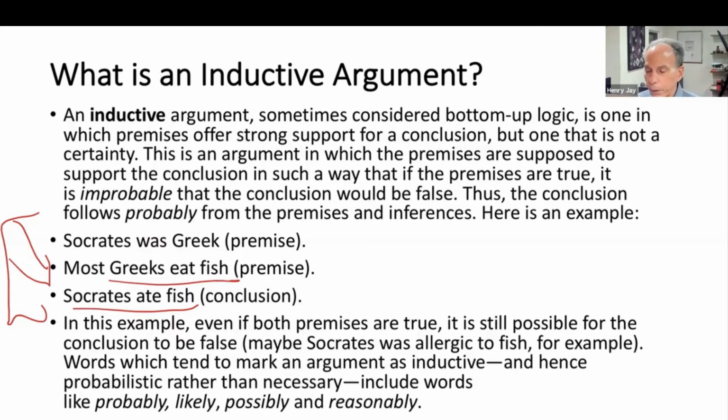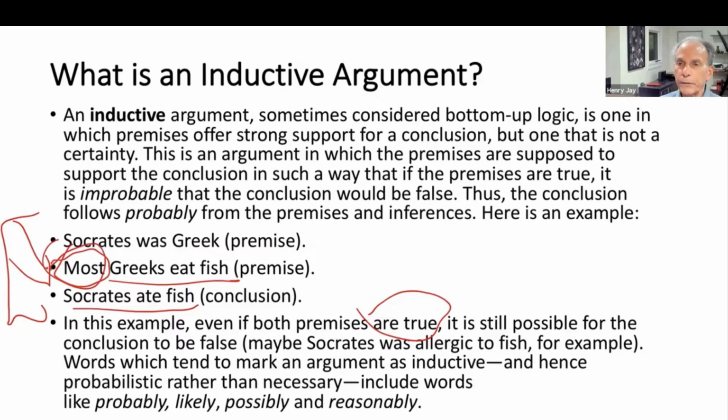Now, here, both premises are true, but do we have that conclusion with 100% certainty? Well, no. Unless it says all Greeks eat fish, then we could say Socrates ate fish. But we're saying most.